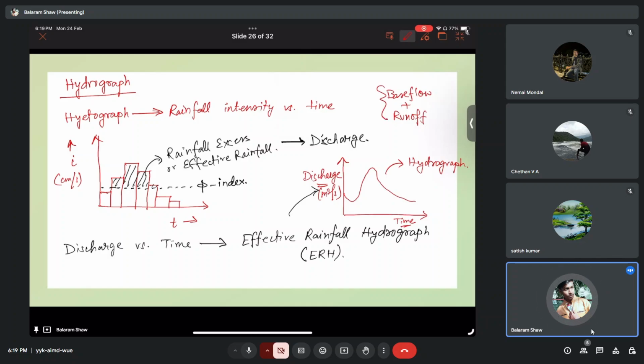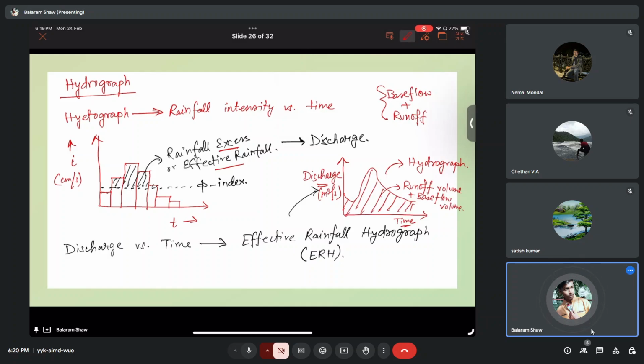Both of these come from the rainfall excess or effective rainfall. The area under this effective rainfall hydrograph is the direct runoff volume. Because we are considering the base flow also, it will be runoff volume plus base flow volume.